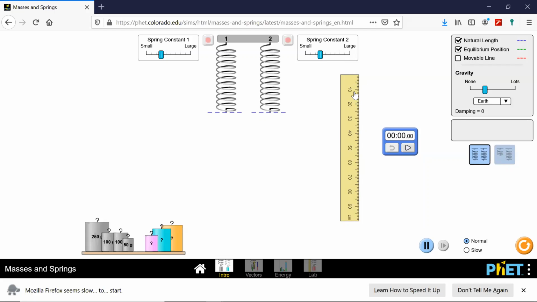So 10 does not mean 10 millimeters. It means 10 centimeters. It's a bit weird, but that's the way it is. So the length of this ruler is an entire meter.